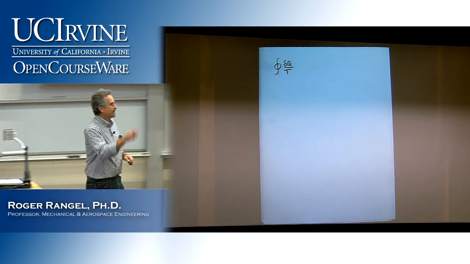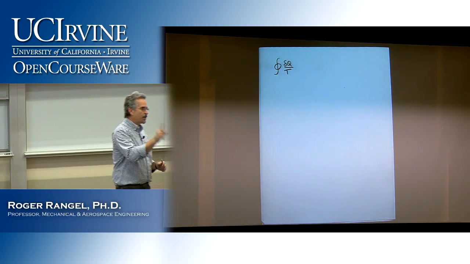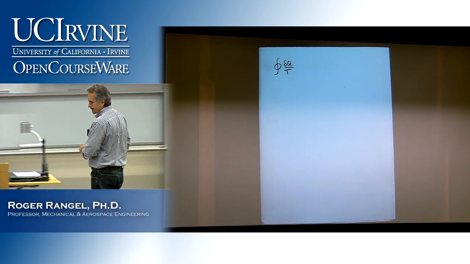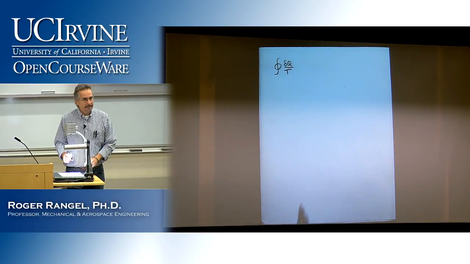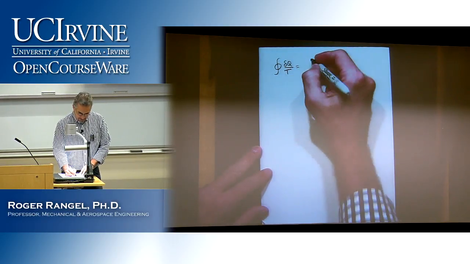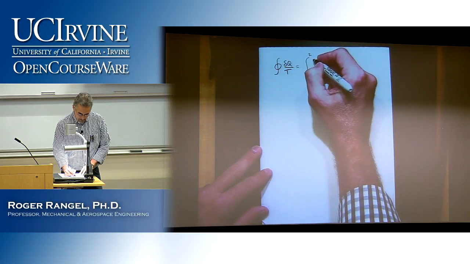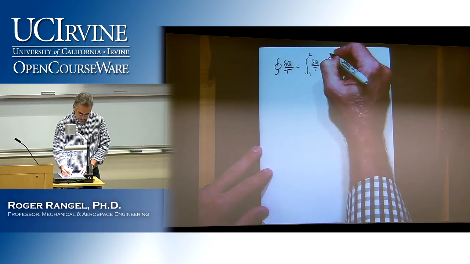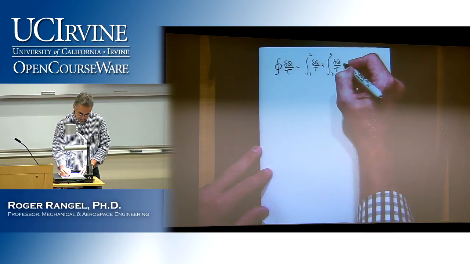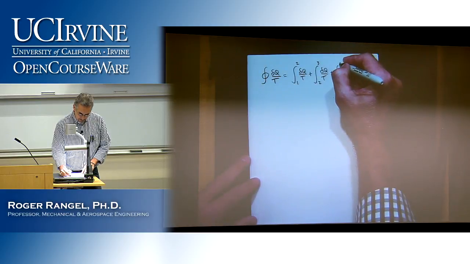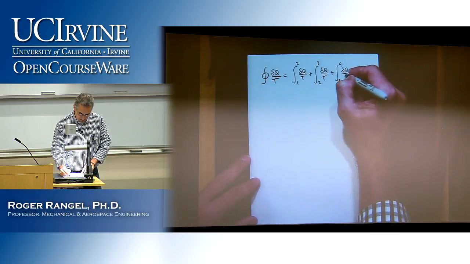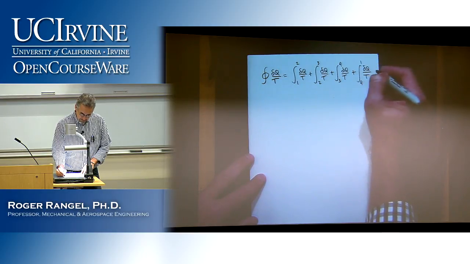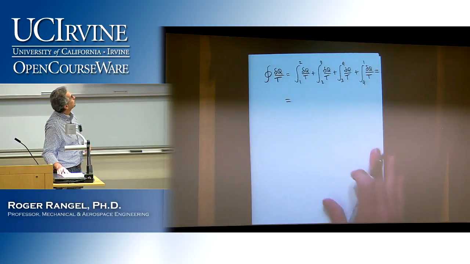So rather than finding the cyclic integral of delta Q, I want to find the cyclic integral of delta Q over T. And we're going to proceed exactly the same way. So we're going to say integral from 1 to 2 delta Q over T plus integral from 2 to 3 delta Q over T plus integral 3 to 4 delta Q over T plus integral 4 to 1 delta Q over T. All right?